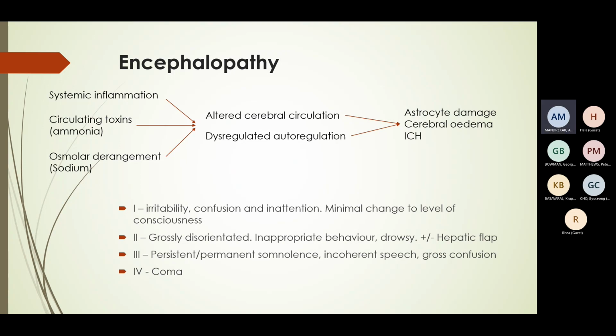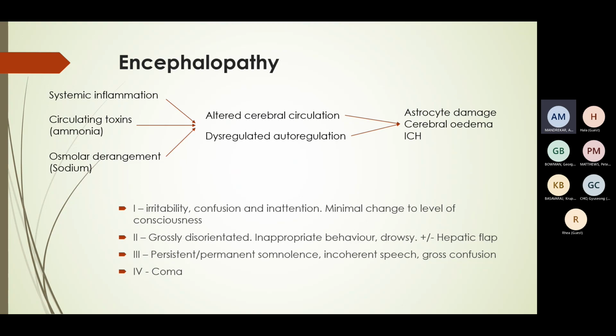A combination of inflammation, so microvascular and macrovascular changes, and circulating toxins, the most important of which for our purposes in this talk is ammonia. Normally the liver will metabolize ammonia to urea, which will then be excreted by the kidneys. You pee it out. Obviously the function of the liver is impaired, so ammonia will accumulate in the bloodstream and will therefore accumulate within the brain.